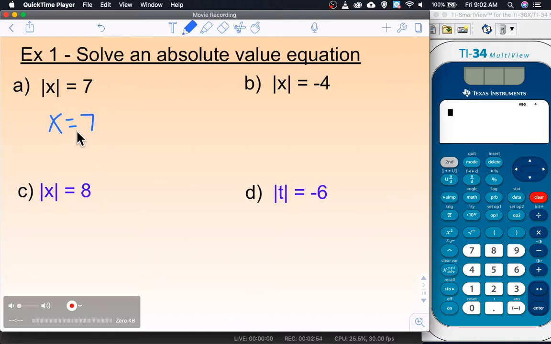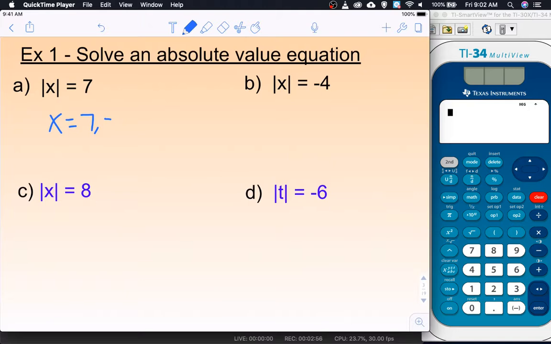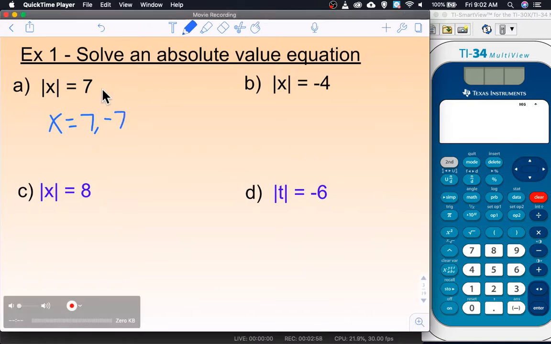But also, we could get a -7. If we plugged in a -7 for x right here inside, the absolute value of -7 is also 7. So you're going to get a positive and a negative of that number. The absolute value of x is 7 gives us two possible solutions.